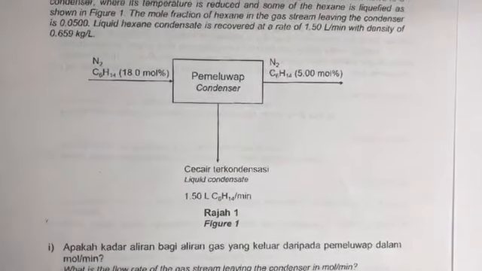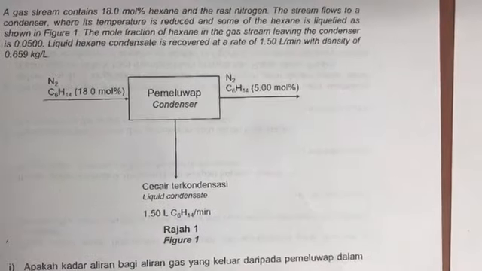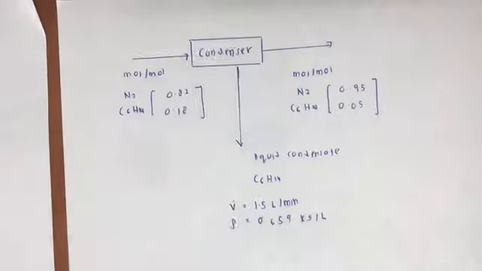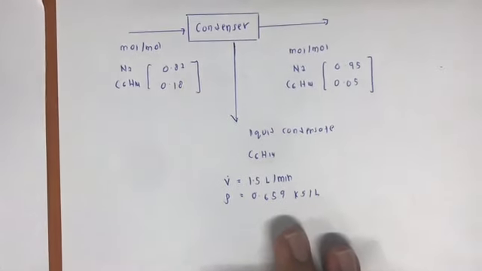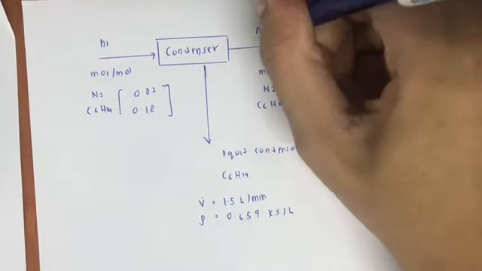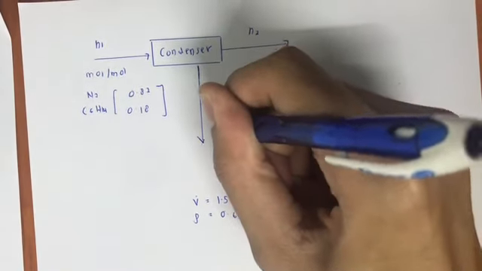So let's just redraw another diagram for better understanding. So here is the diagram. Let's just name this N1, N2, and N3.